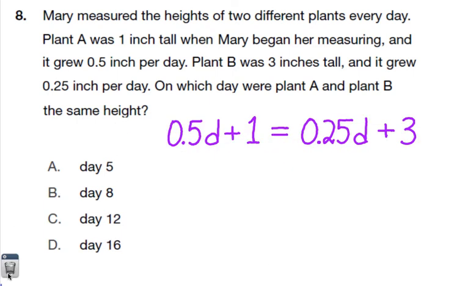But here's a third way to do it. And if one of those first two options makes more sense, please do that.